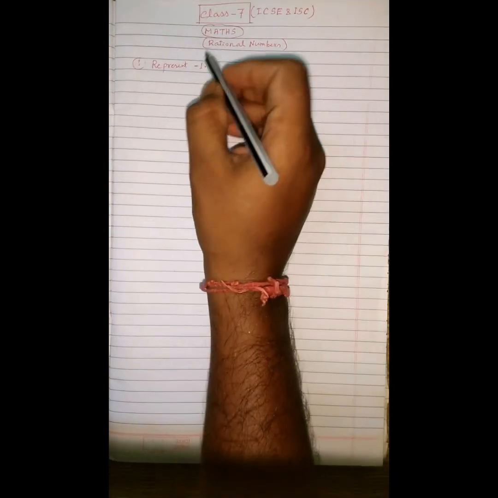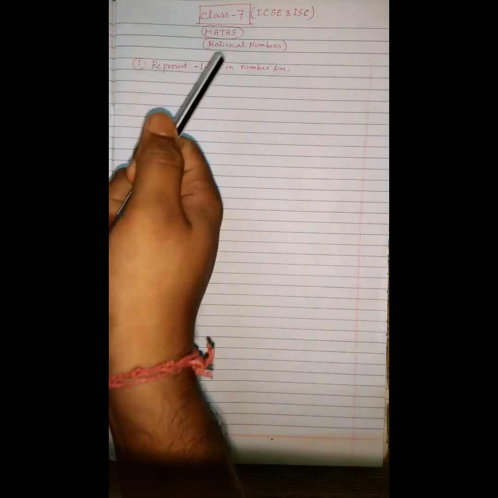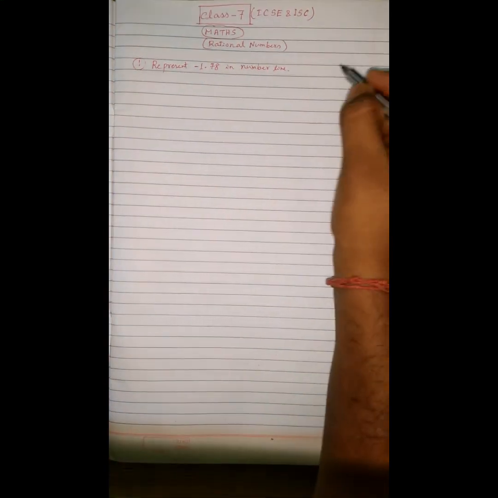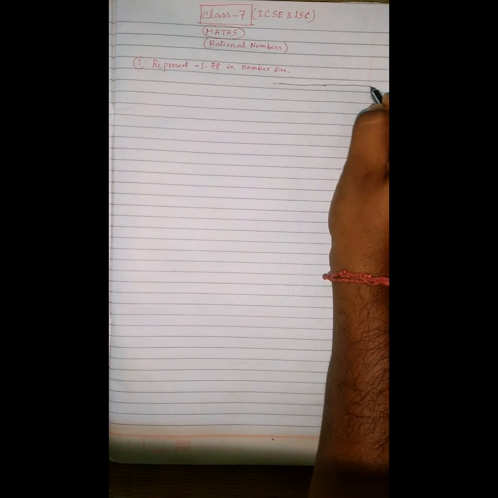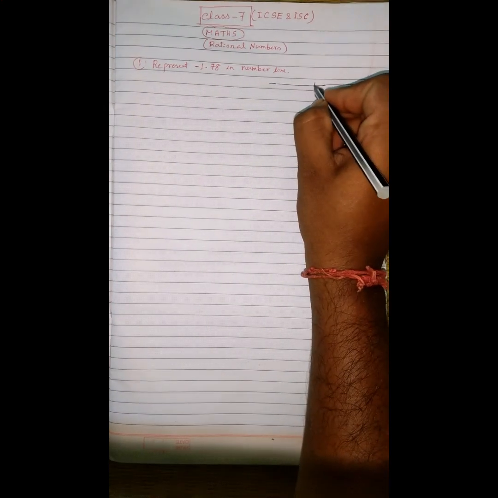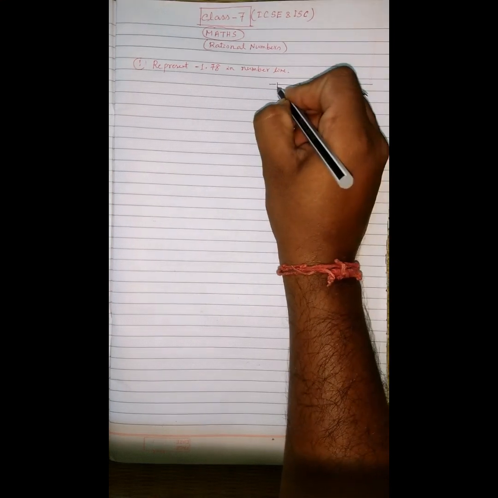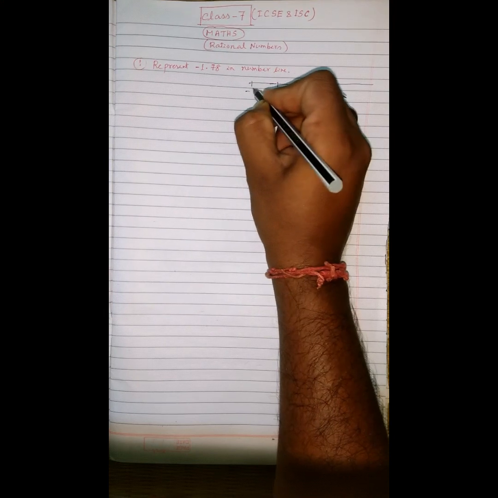Now I can say that for minus 1.78, you have to see which numbers it lies between. At first you should draw a number line here. Here 0, this is minus 1, minus 2, minus 3.